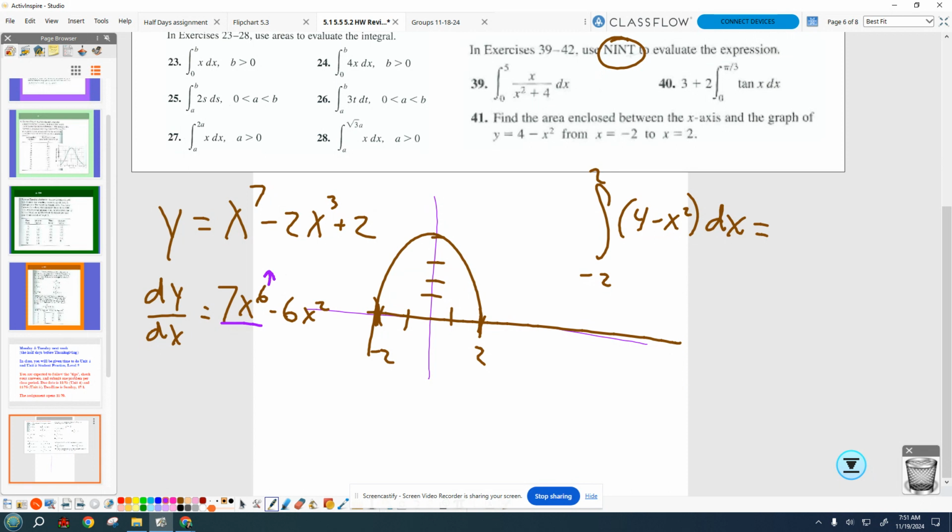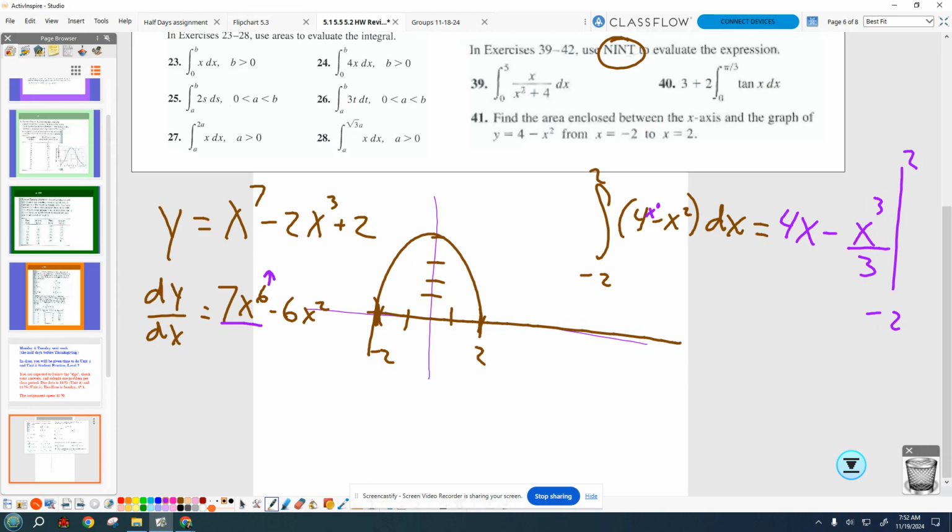4x. So raise the power from x to the 0 to x to the first. And then whose derivative is negative x squared? Negative x to the third, divided by the new power. And then there's this fundamental theorem of calculus, which we'll be doing tomorrow. It now says plug those numbers in.